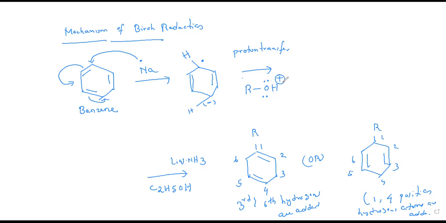This positively charged hydrogen will migrate towards this negative charge so that this carbon atom will form a new bond with hydrogen. Okay, so that you are going to get a free radical like this.